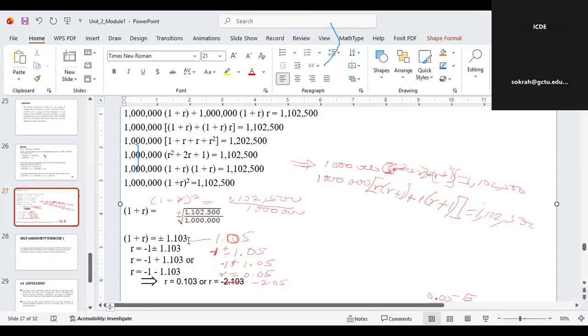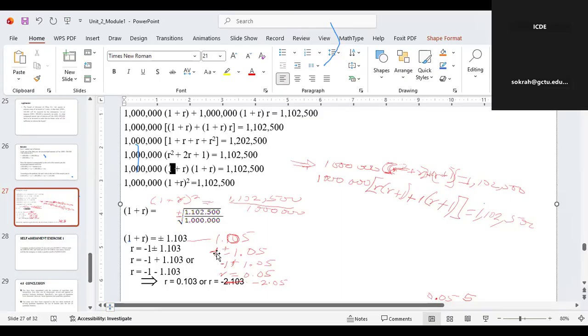Okay? But we are looking for R, not 1 plus R. So this one here must also go. So we still group like terms. The one here will have to go to the other side of the equal sign. Okay? Now it is positive. If it moves, it will be negative. So that is why you see -1 here. Then plus or minus 1.05.